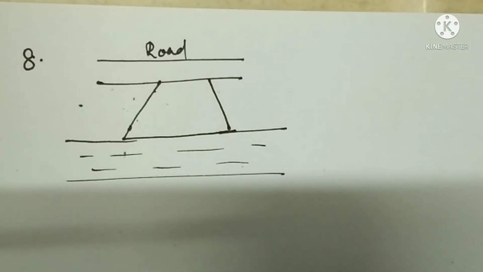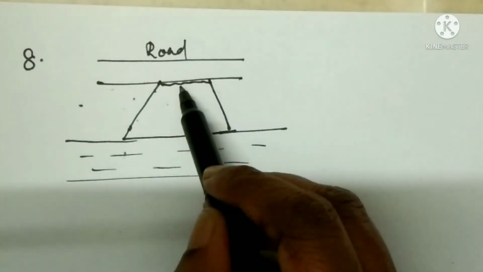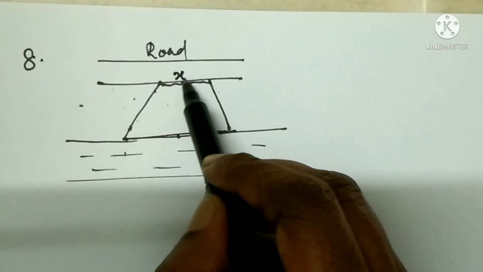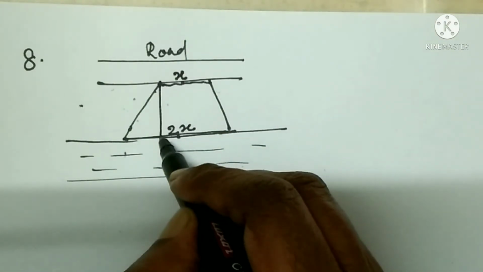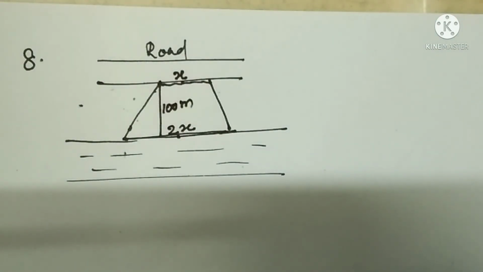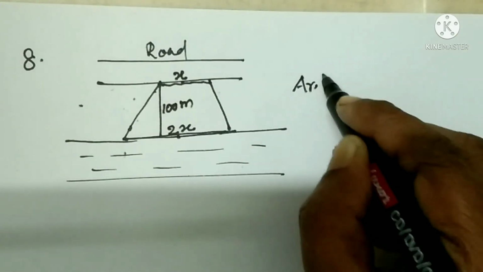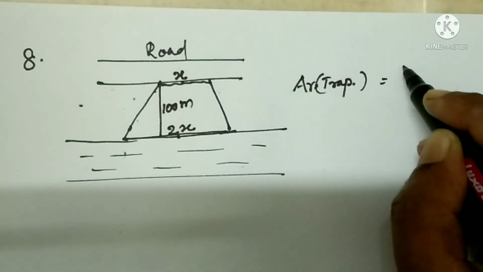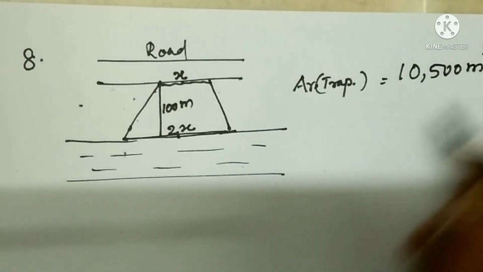What information is given? Whatever will be the size of this, it will be half of this side, or this side is double of this. So if this side is x, this side is 2x, and the distance between them is 100 meter. Also one more information given is area. So area of trapezium is given, that is 10,500 meter square.